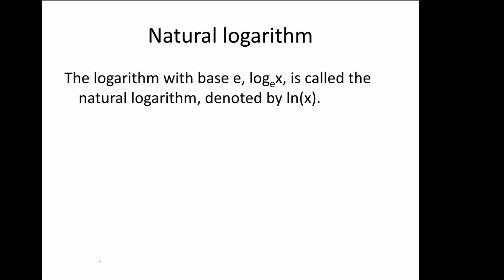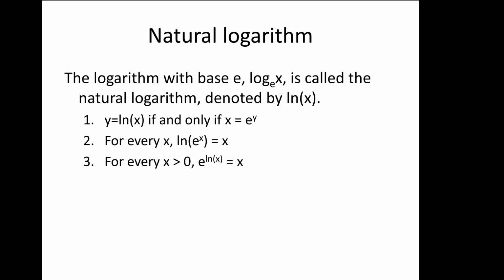Okay, as stated, we have log functions of any particular base b, but there's a special one, the log function with the base of e, and it's special enough and useful enough, and it comes up often enough that we have a shorthand notation for it, ln. It's 2 characters instead of log base e. And it's defined in the following way: y equals ln of x if and only if x equals e to the y.